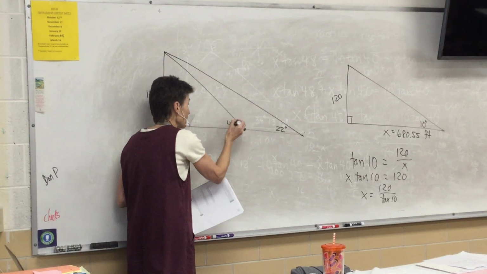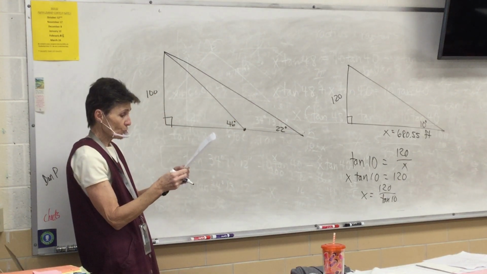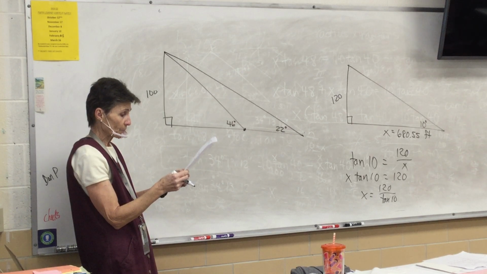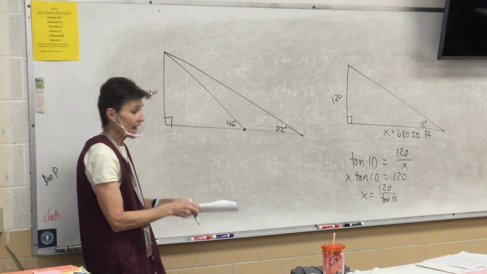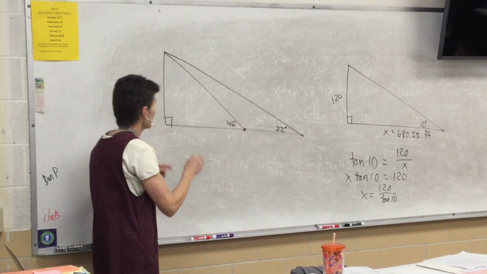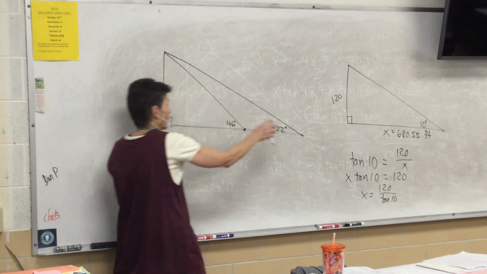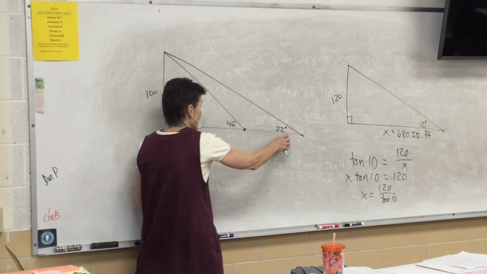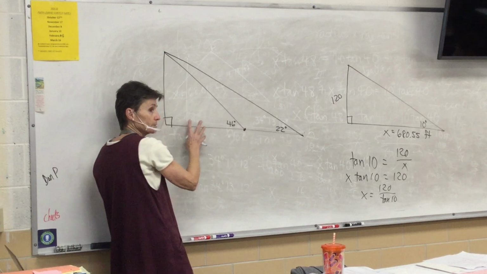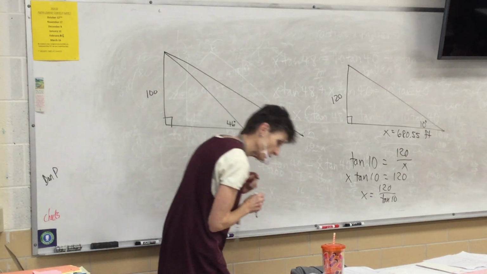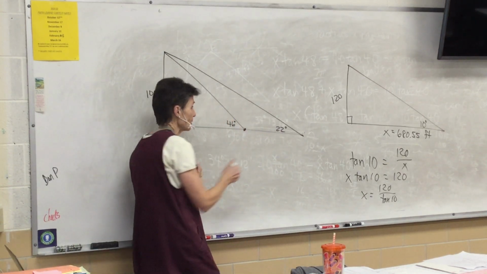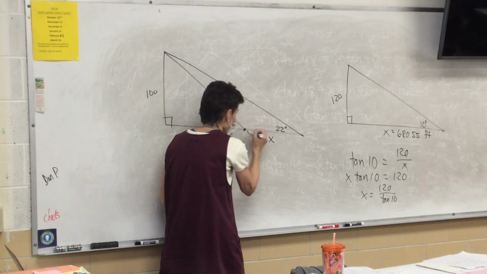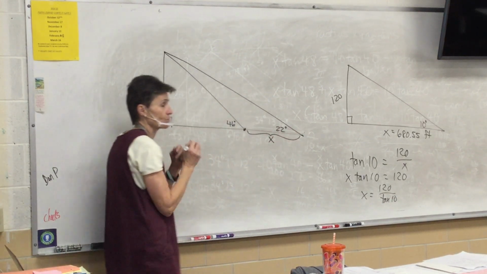So take a look at my picture. Make sure you understand what's happening. The car originally is here, then the car moves to here. And we want to know how far the car travels. So this right here is the answer to the question.